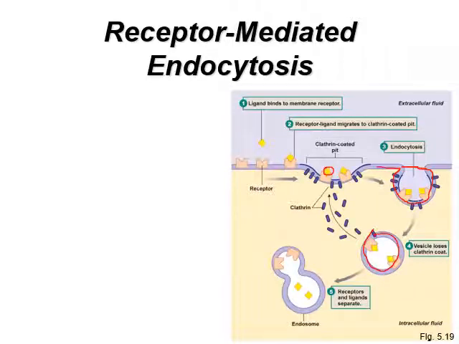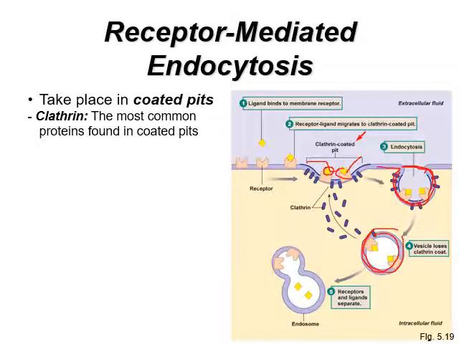So the molecule moves in. If it's receptor mediated, it binds the receptor. The receptor induces making the pit and then eventually pinching off of the plasma membrane to form that vesicle. Okay, bringing large stuff in.